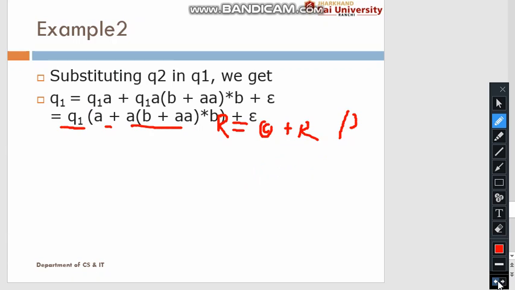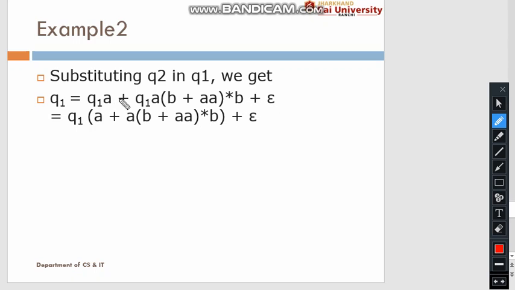Now we have to substitute the value of q2 into the equation q1. So now the equation q1 can be written as q1 equal to q1a plus, here we have put the value of q2, q1a into (b plus aa) whole to the power clean closure b plus epsilon.